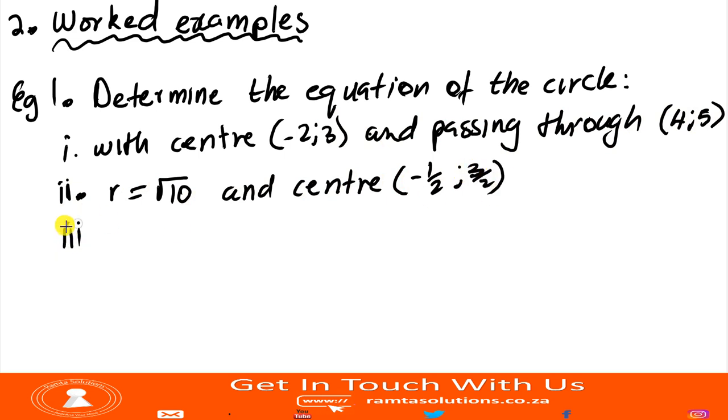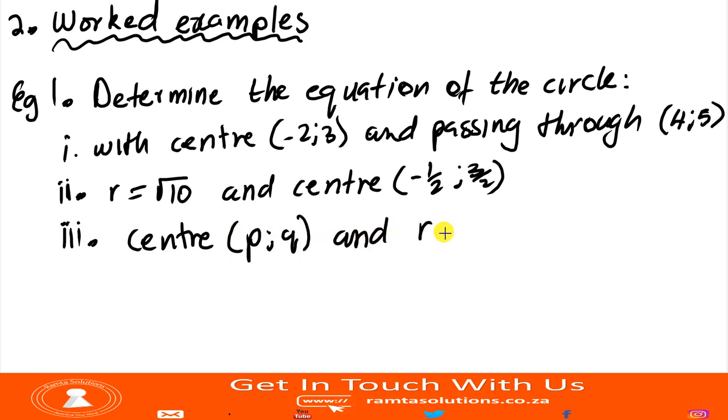Roman figure 3, we have center (p, -q) and r is square root of 6.